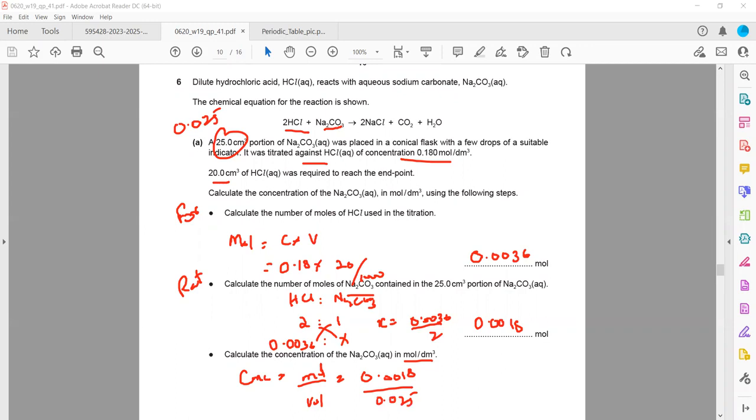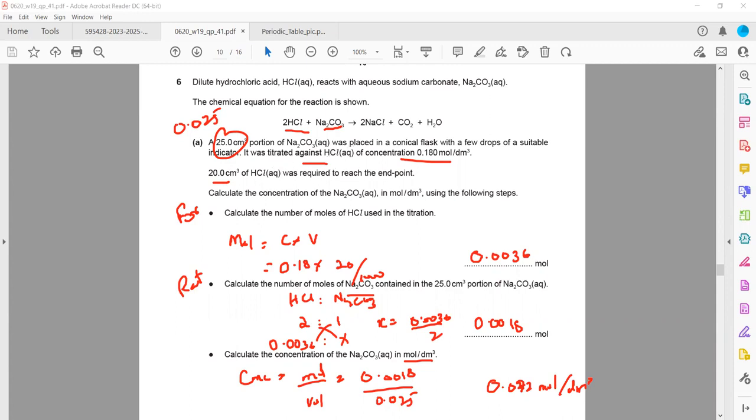When we divide these two, we get the concentration. What's the final answer? 0.0018 divided by 0.025 is 0.072. So 0.072 is the concentration of this solution, and the unit of the concentration is mol per dm3.